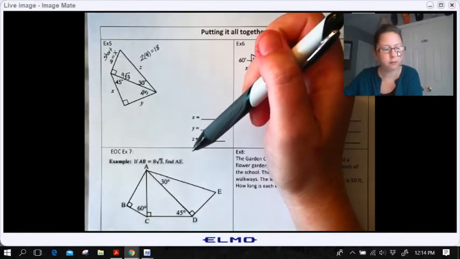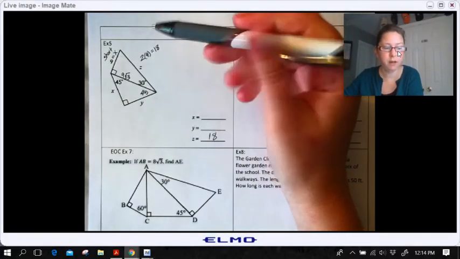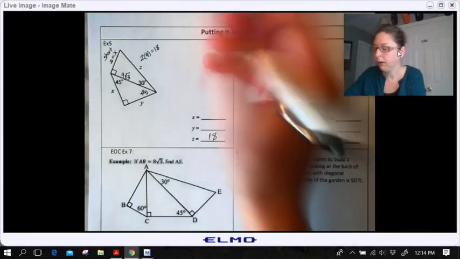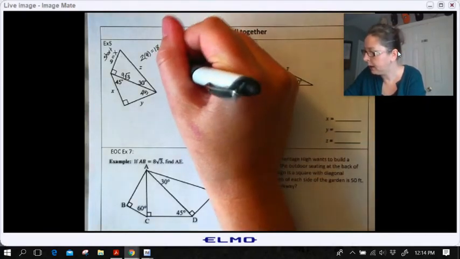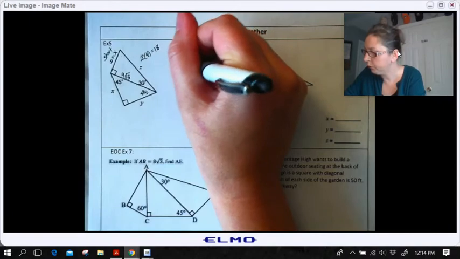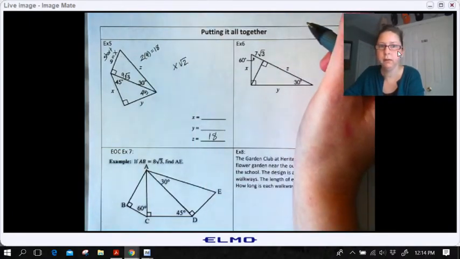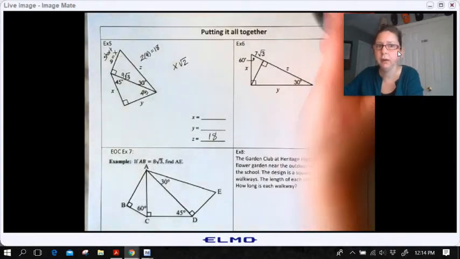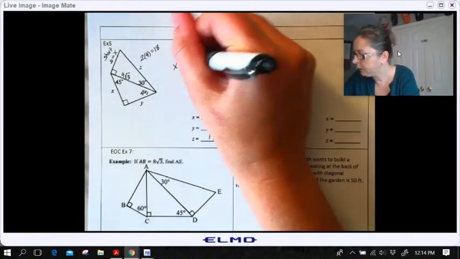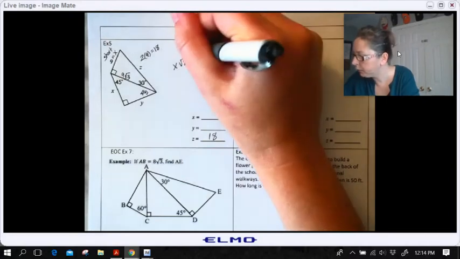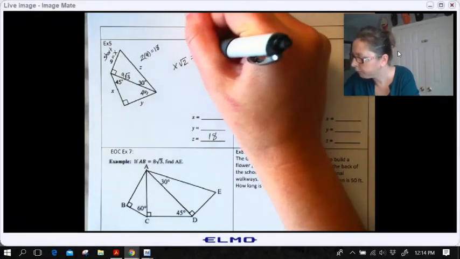So let's do a little bit of work for this. I have x square roots of 2. That is the hypotenuse of a 45, 45, 90 triangle. And it currently equals this 9 square roots of 3.